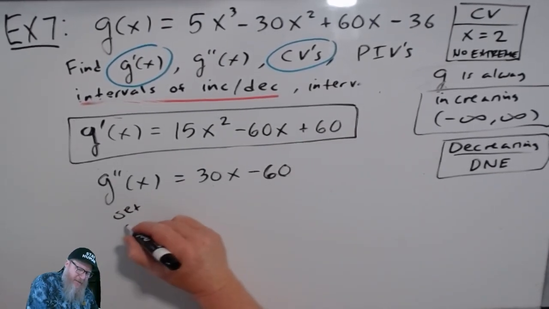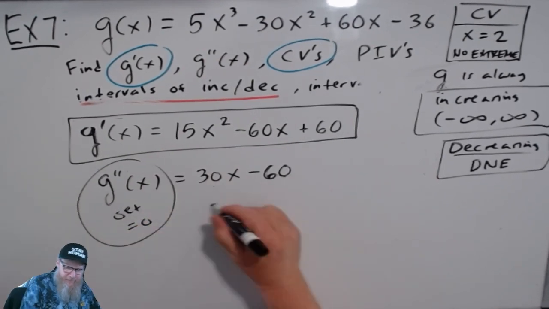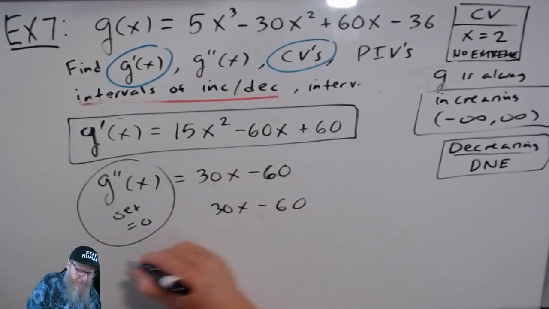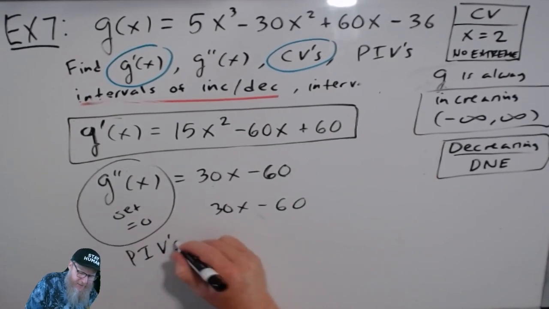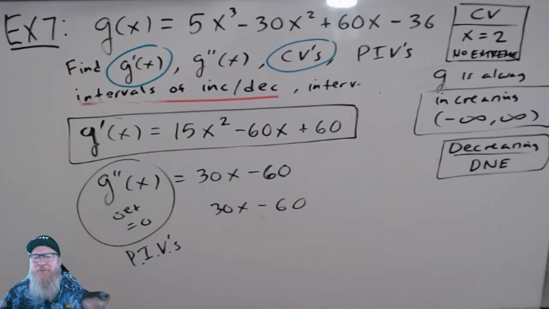So now we're going to set this equal to 0 to find what are called the PIVs, which is really just another type of critical value.